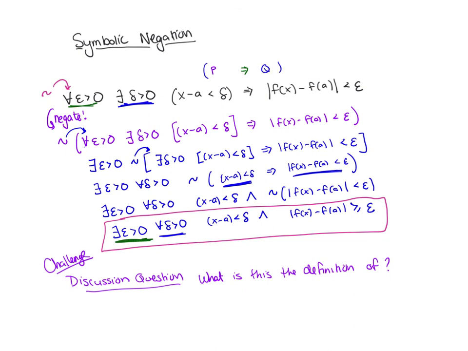The negation of a P implies Q is P and not Q. So I left that P the way it was, I put in my and, and then I had that not Q here. So that would be that negation.